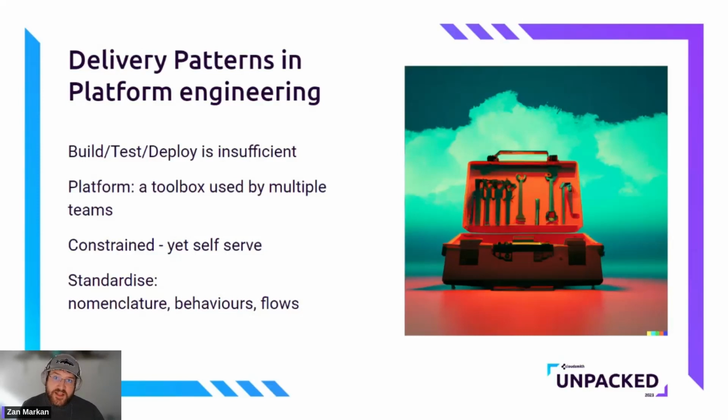So that's where platform teams come into play. They are used to standardize or create this unified environment so that product development teams can move faster. So essentially, your product teams are your customers. You're building for their success and for their effectiveness.